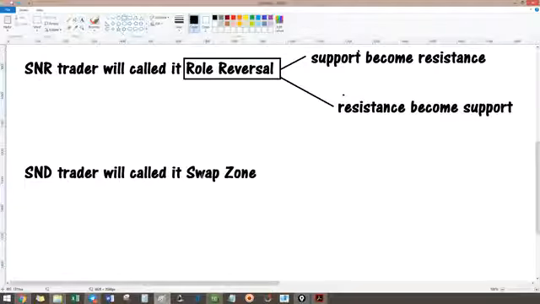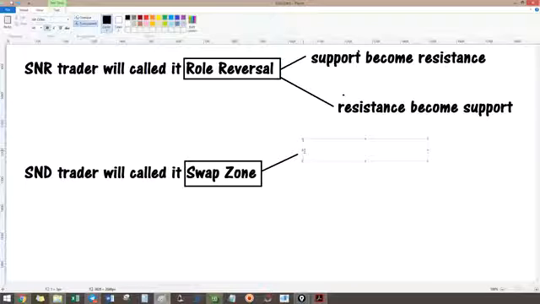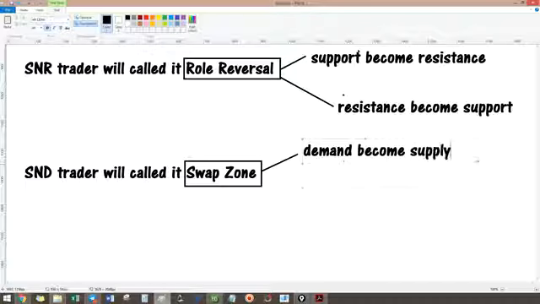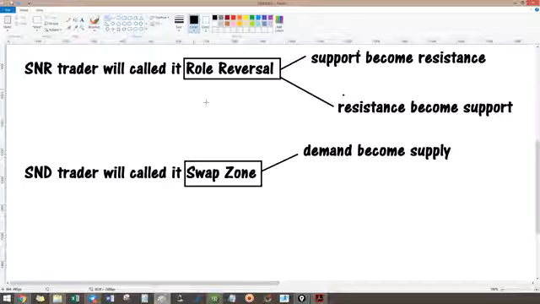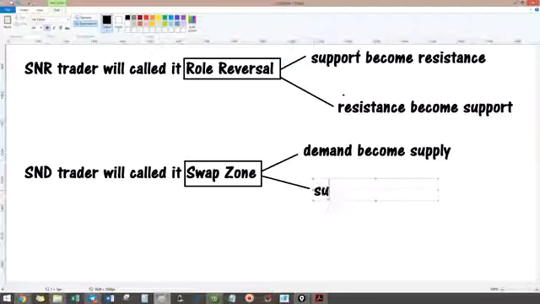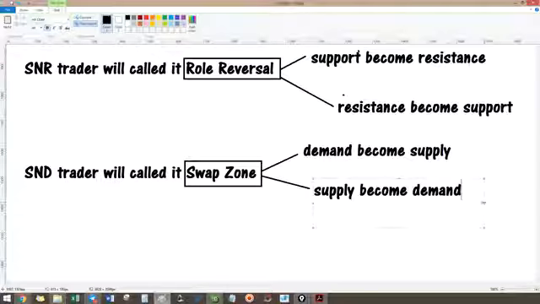For swap zone, you also have two types. One is demand becomes supply, and this one is supply becomes demand. So you got two types also.